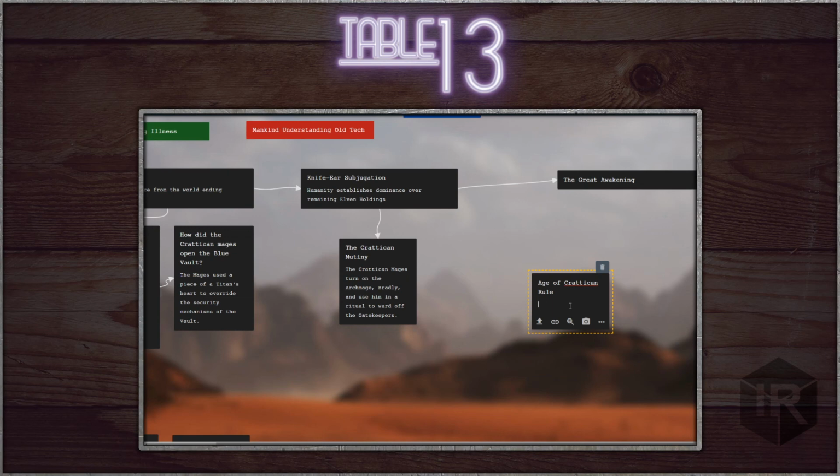Ooh. Huh. Oh, it's kind of like after the knife fear subjugation. Breeding pits. Oh boy.